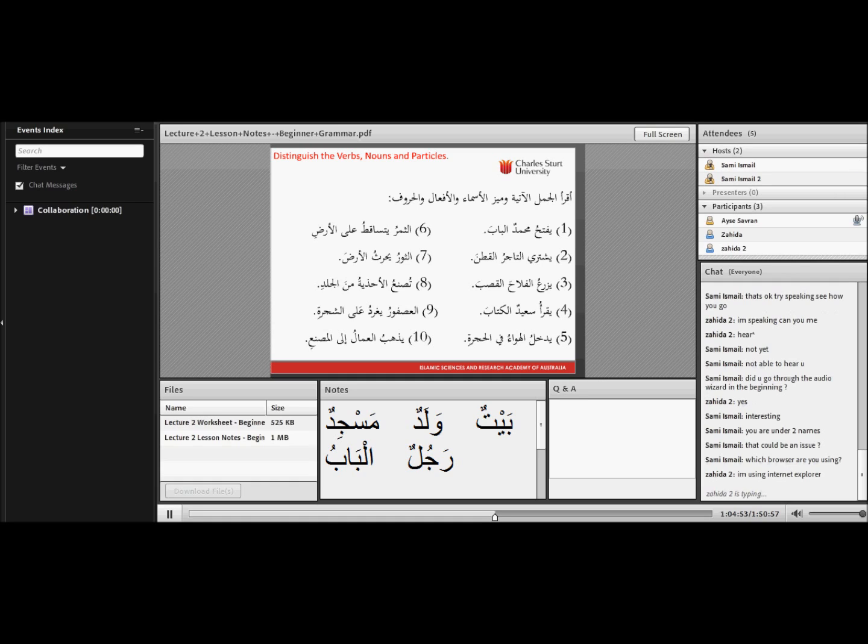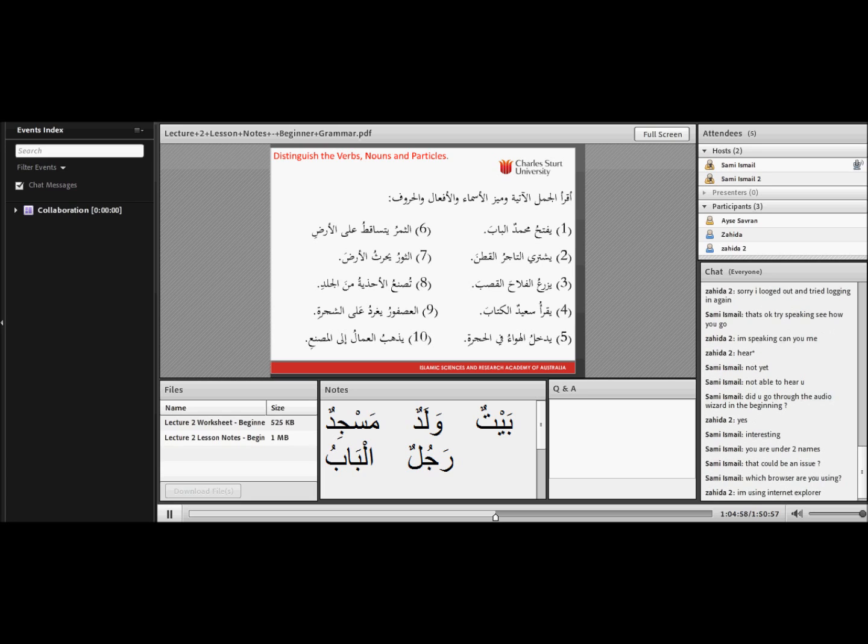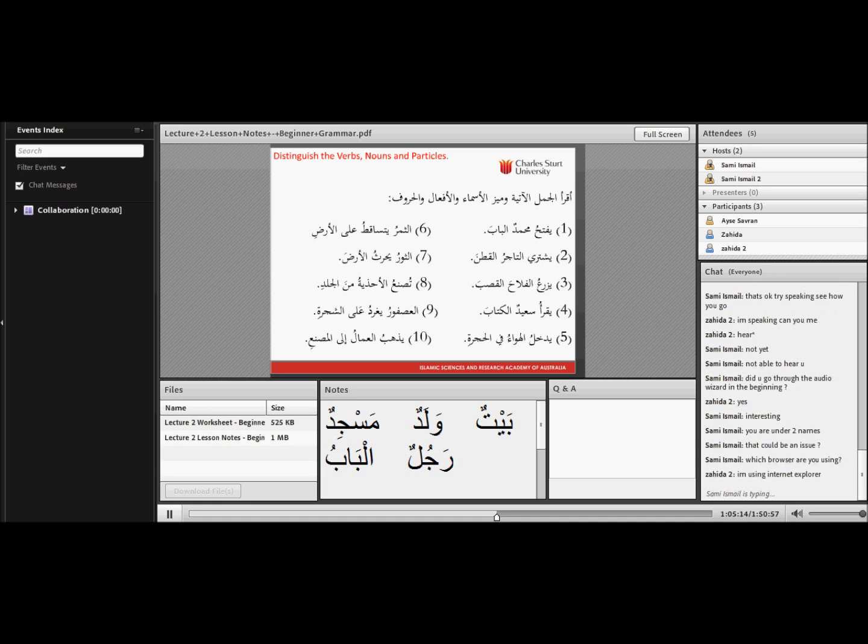That becomes more than one word because you have the pronoun attached to it as well. That becomes a harf and an ism. So just the pure ism is 3 letters maximum.